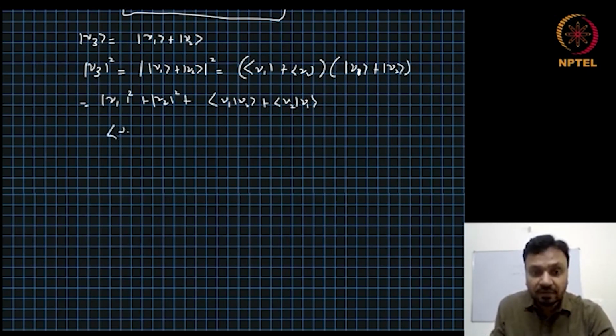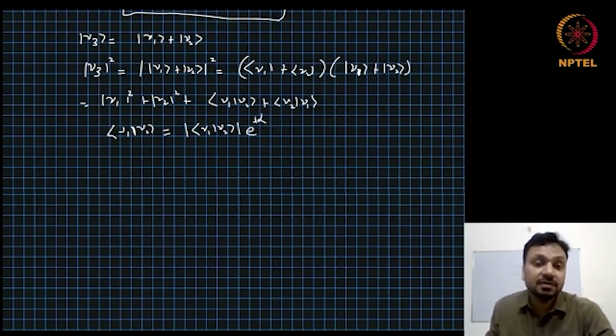Now ⟨v1,v2⟩ is a complex number, if our field is complex, so we can write it as the norm of ⟨v1,v2⟩ times the phase. So it's a polar decomposition of a complex number. Any complex number can be written as a real positive number times a phase.